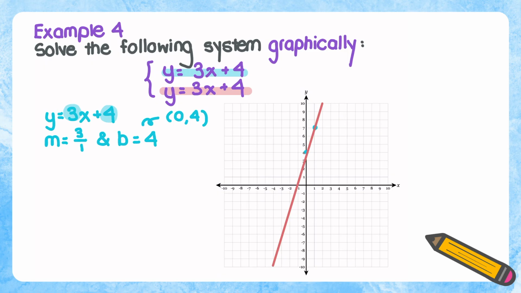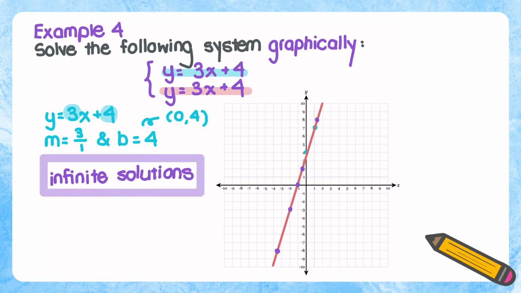And that means that any point on this line, wherever it is, would work for both equations. So in this case, we have an endless amount of solutions. In other words, we have infinite solutions for this system. If you have the same exact line, you have infinite solutions.